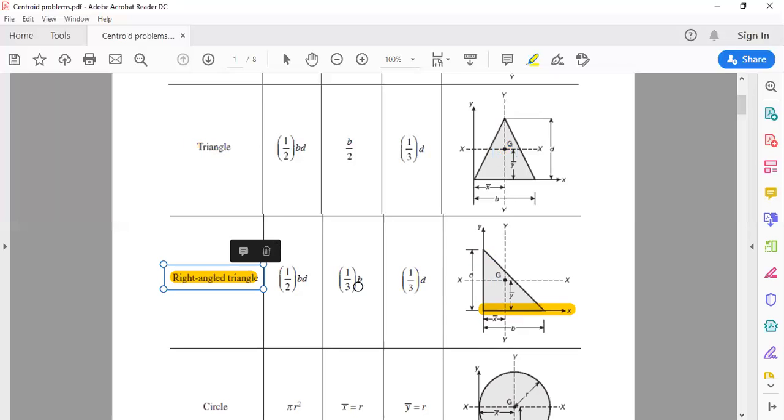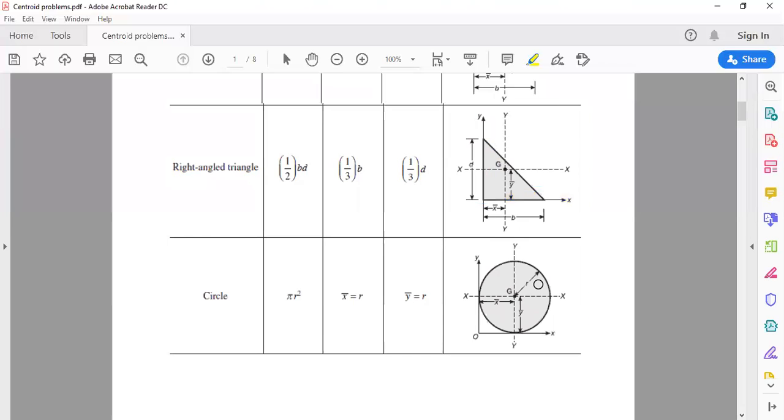We will take the next geometrical figure, that is the circle. A circle of radius r. Now this circle has a reference y-axis and a reference x-axis.